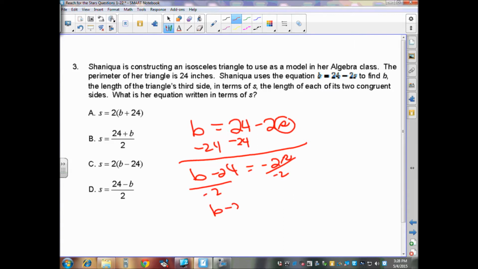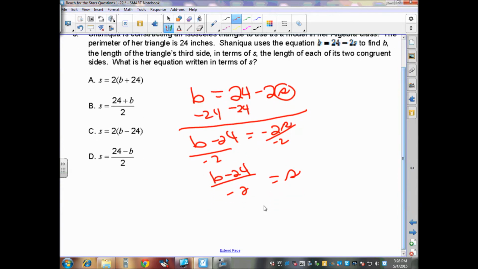We get B minus 24 over -2 equals S, but I don't see that choice over here. What I do see is that if we separate those, you get B over -2 plus 24 over 2. That's this one, 24 over 2 minus B over 2. So that would be D.